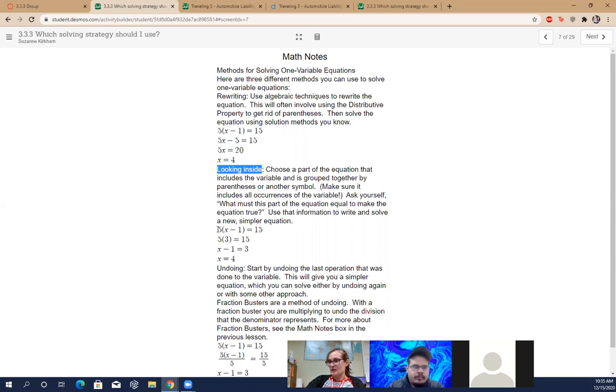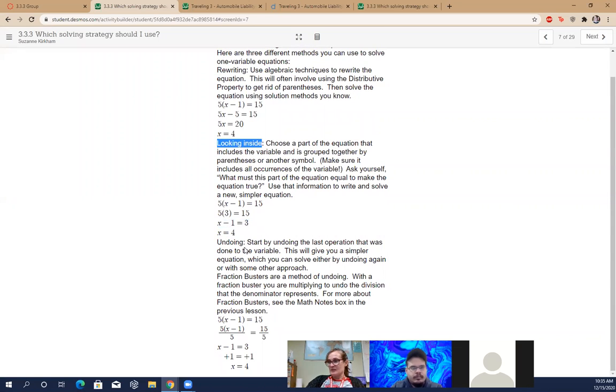If we look at our example equation, 5 times x minus 1 equals 15, we can think, 5 times what equals 15? Well, 5 times 3 equals 15. That means the whole thing in the parentheses needs to equal 3. So x minus 1 equals 3. Then we add 1 to both sides and we get x equals 4. That is the looking inside way of solving an equation.